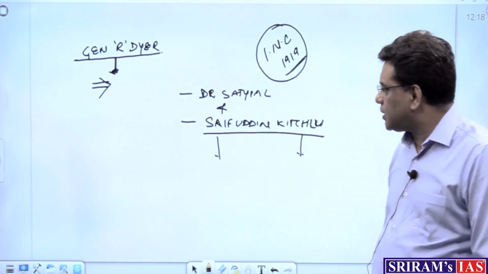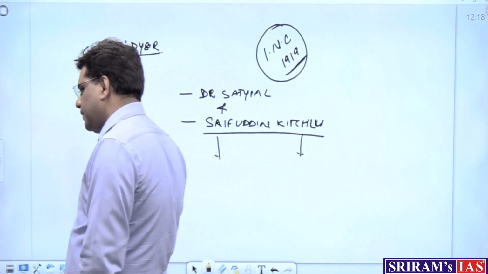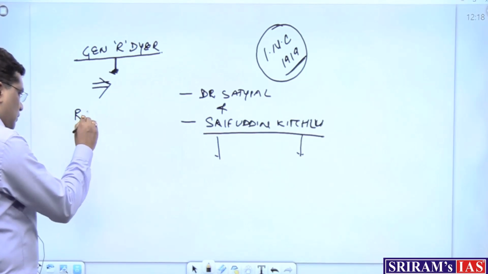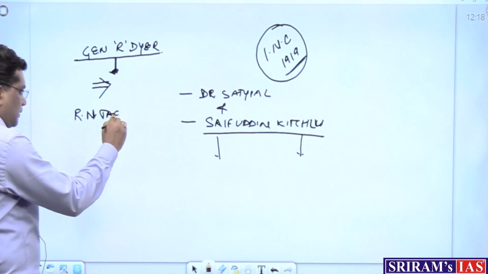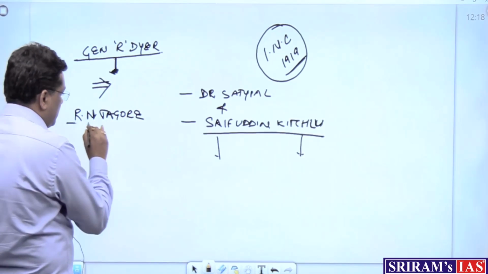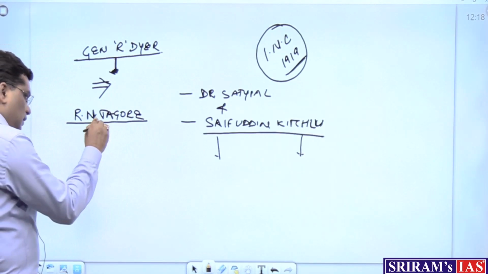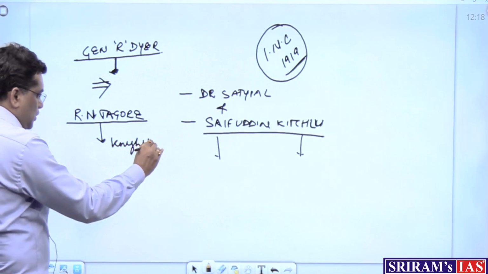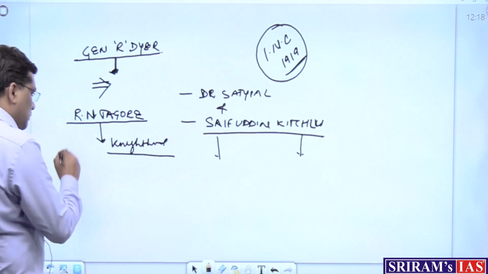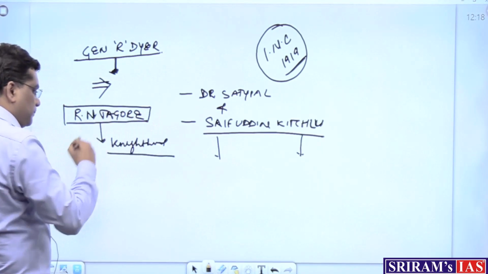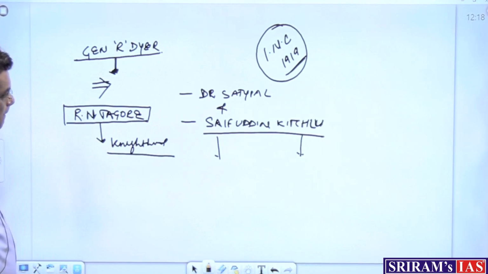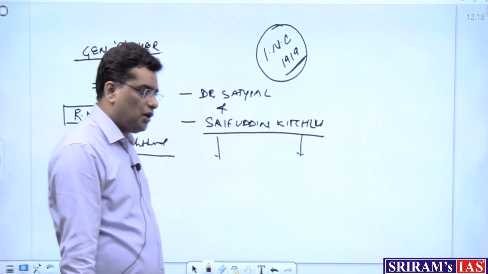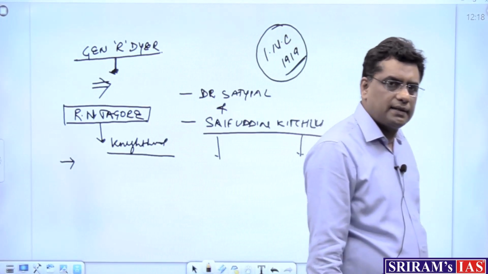The opposition came from the intelligentsia first, like Rabindranath Tagore. He returned the title of knighthood to the British. Shankaran Nair, the only Indian member in the Viceroy's Council, resigned.